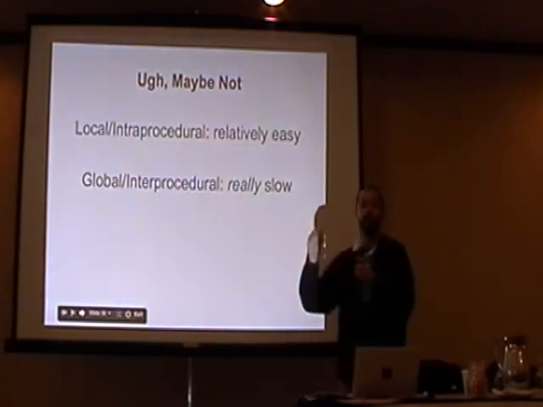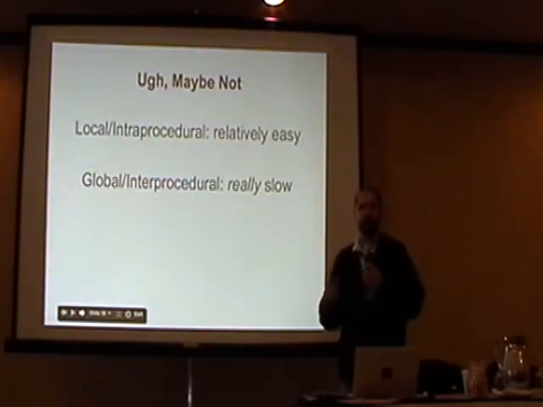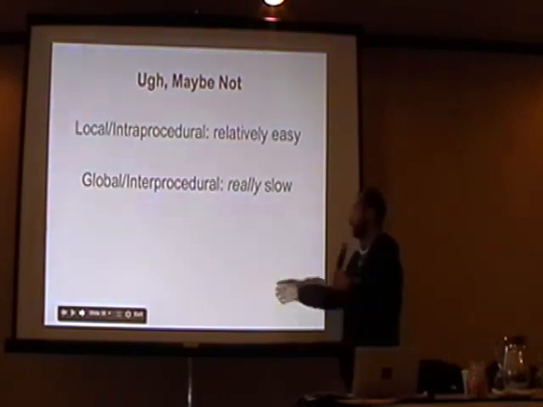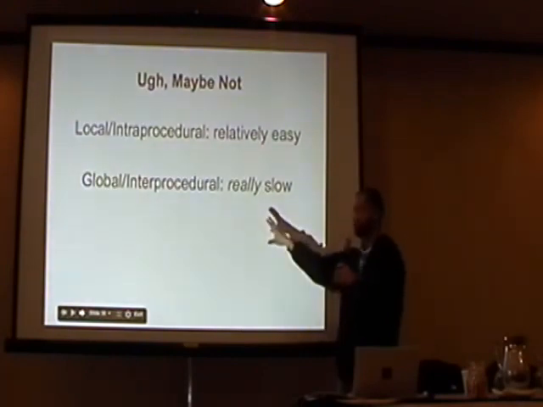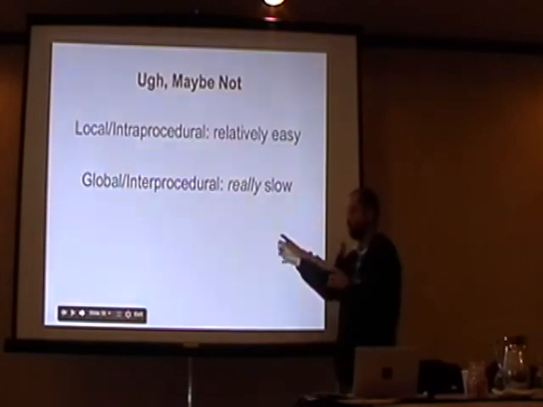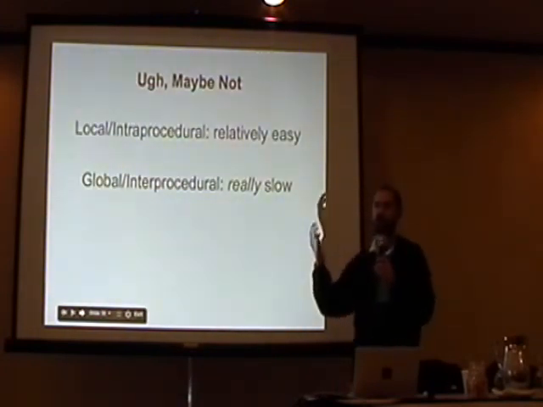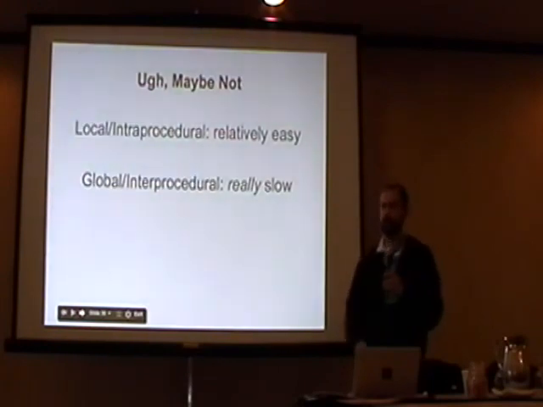It's useful. If you're in a language like Ruby where you tend to have methods and people are encouraged to write short ones, this is pretty good. Global data flow analysis, or interprocedural, is really slow and uses lots of resources. I'm sure there are ways of doing it better, but it's a pain.